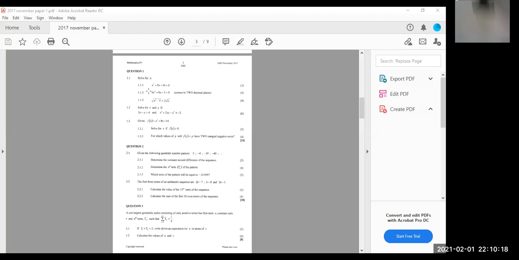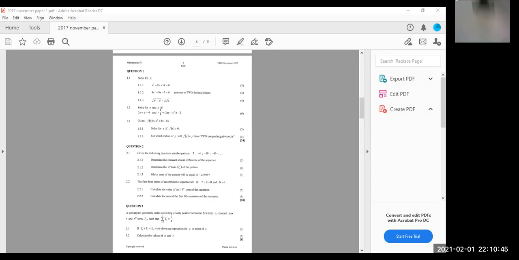And this is question 1. Now, question 1 says, solve for X. I'm going to do the first, the third, and then the simultaneous equation, and then this is for an inequality. So I think if we can do that, then that will be fine.